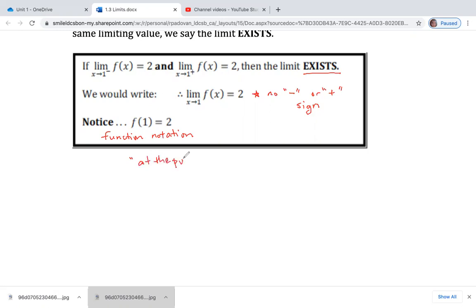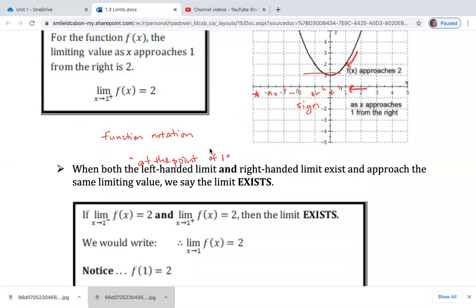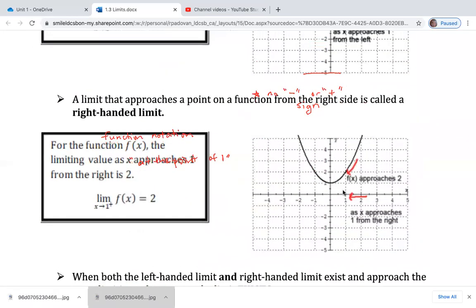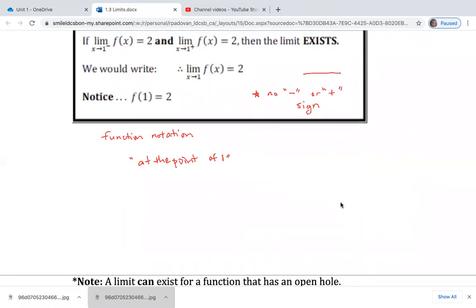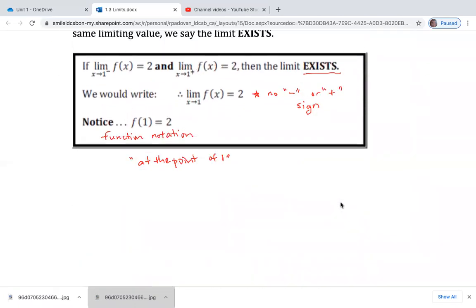Now I am exactly on the point, at the point of 1. What is the exact value of y? So we'll go back up and look. At an x value of 1, go up on my graph. The exact y value is 2, and that's why we wrote down that f of 1 is equal to 2.